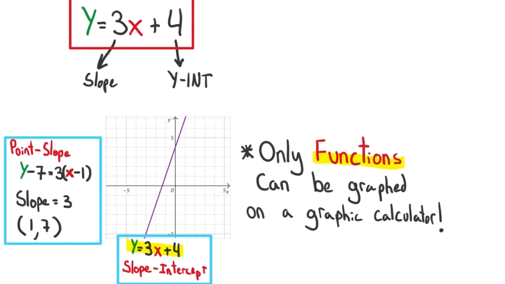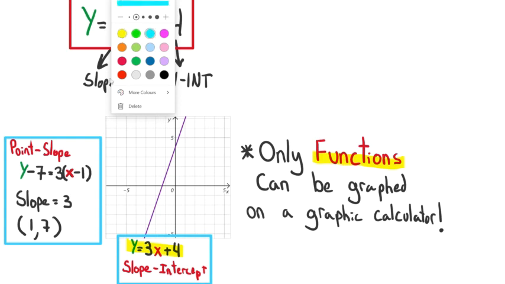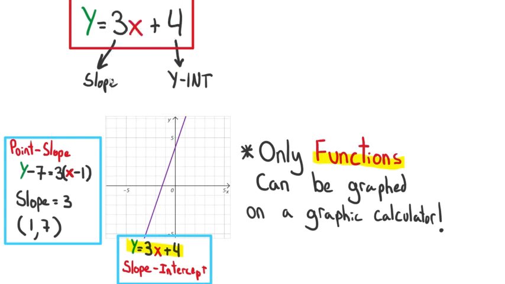Remember that what we were looking for earlier in our point-slope form was that el punto 1,7 exist on the line. Well, let's observe. If our x is 1 and our y is 7, let's see if that is on the graph as well.